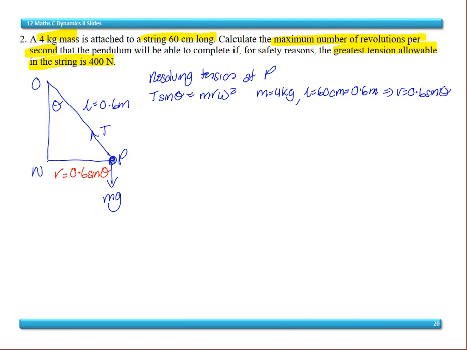put on the diagram. So T sine theta is going to equal 4 times 0.6 sine theta times 2 pi n all squared. N is the number of revolutions per second.